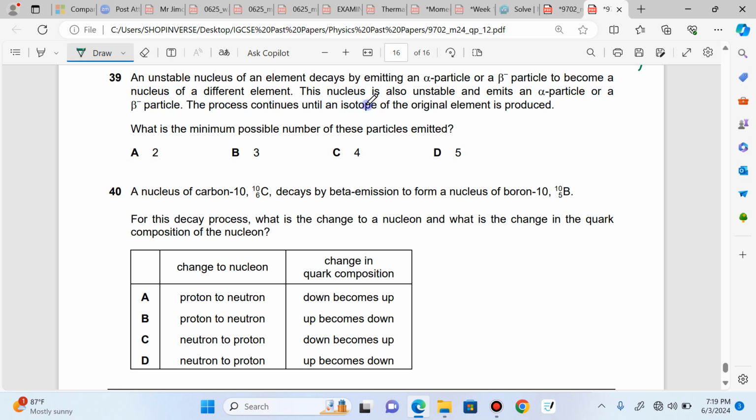The process continues until an isotope of the original element is produced. What is the minimum possible number of these particles? That means the minimum number of alpha and beta particles that can be emitted. So let's have an illustration.